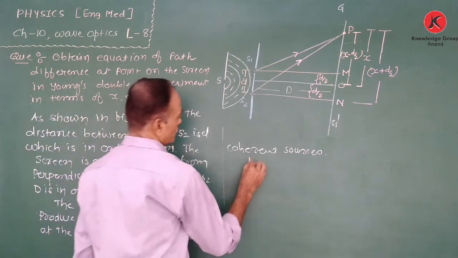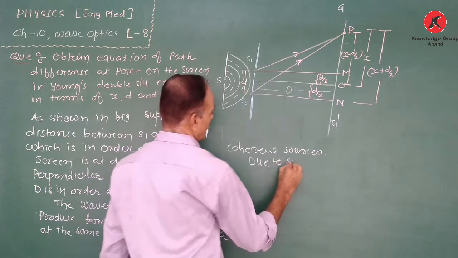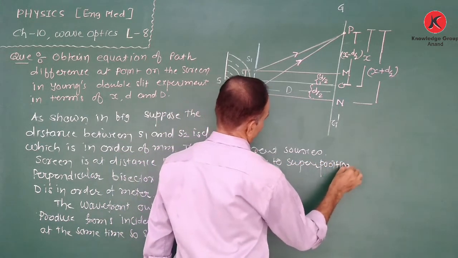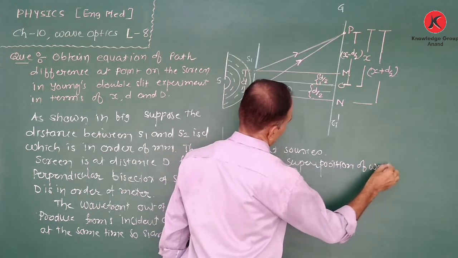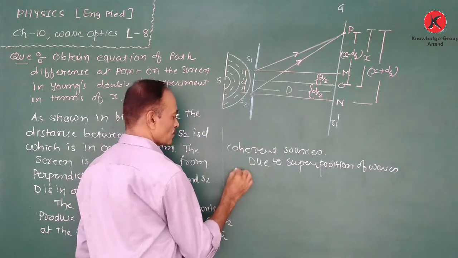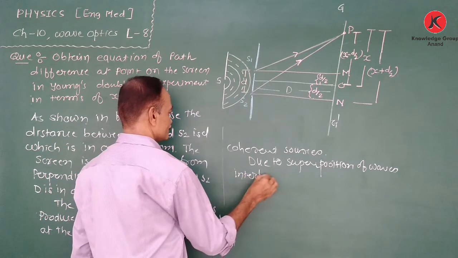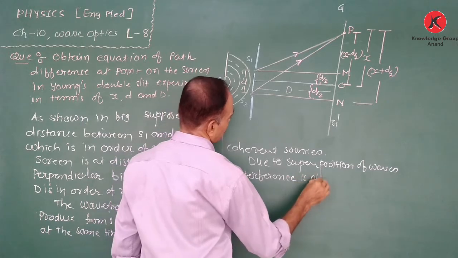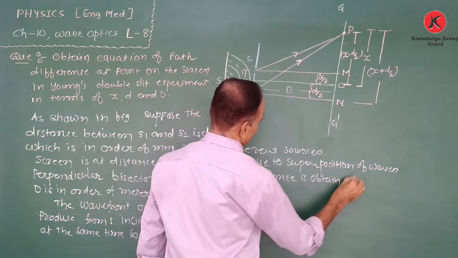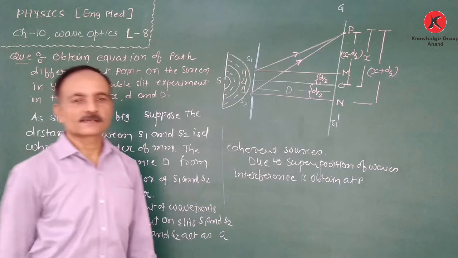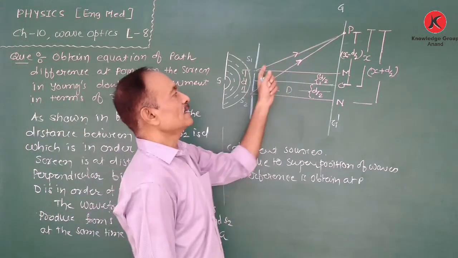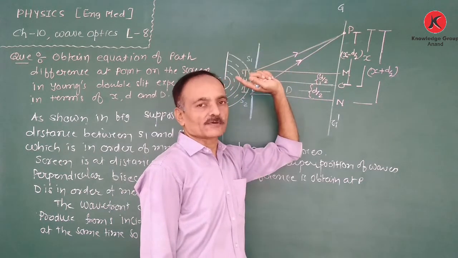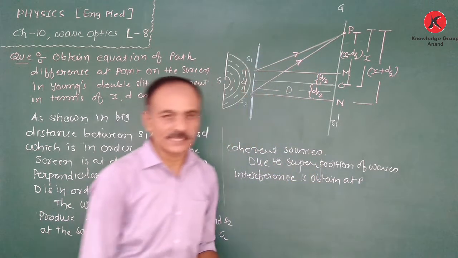Now, due to superposition of waves, interference is obtained at P. Here, these waves propagate in the medium, and at point P they are superposed. Therefore, interference is obtained.